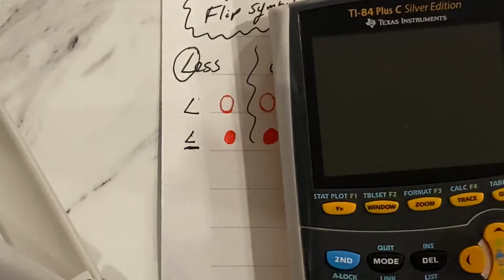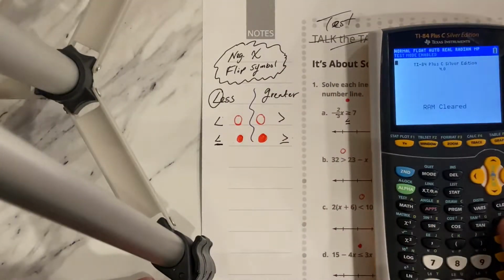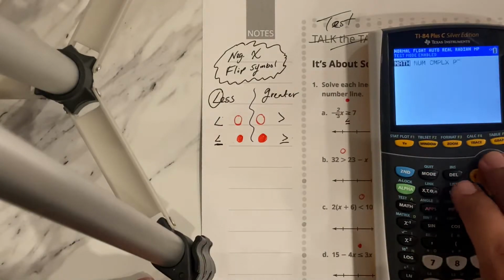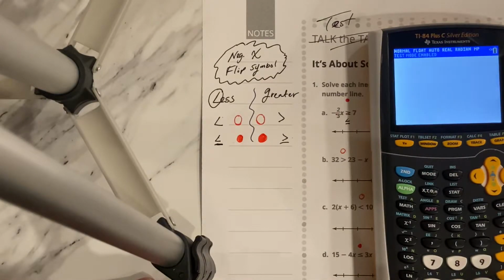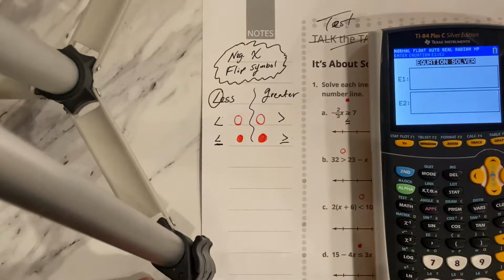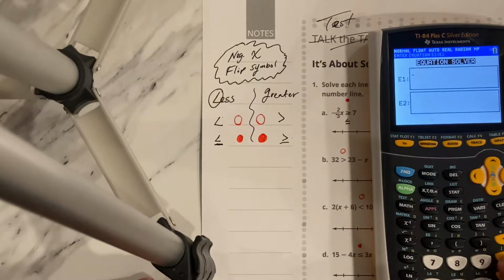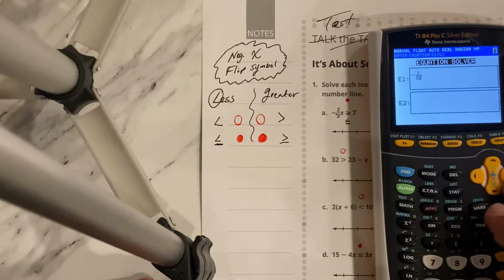Gonna get real comfortable with making sure we can do our calculator. Press math, up, solver. Making sure we can put a fraction, negative 2/3. Don't forget the x.